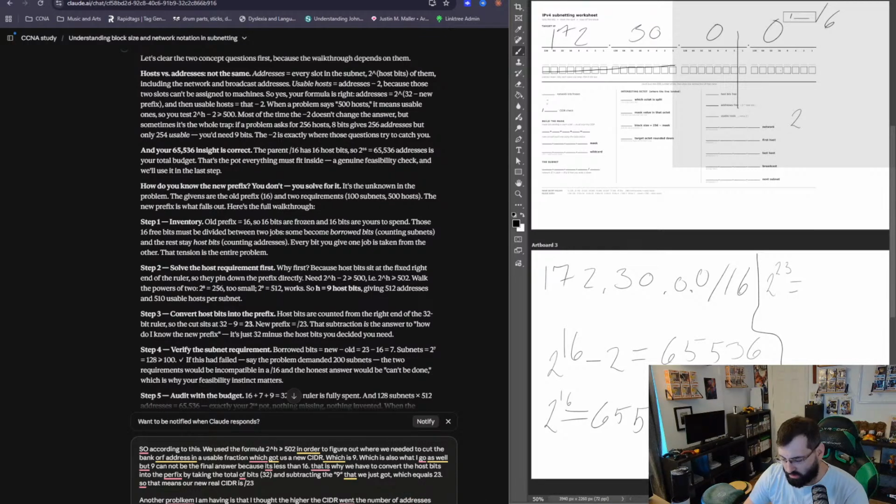By this logic, 2 to the power of 16 will equal, what was it, 65,536. But 2 to the power of 23 equals like an ungodly number.